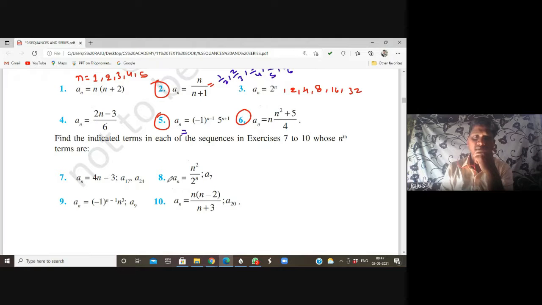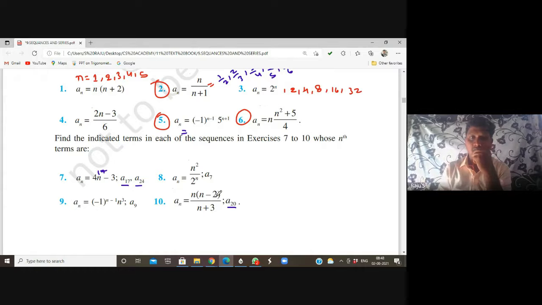These are also very easy. Nth term is given and they are asking particular terms. Seventeenth term means substitute n equal to 17, seventh term means n equal to 7, 20th term means n equal to 20, and ninth term n equal to 9. That's it. Compared to the first six, questions 7, 8, 9, 10 are easy because they ask just one or two particular terms.